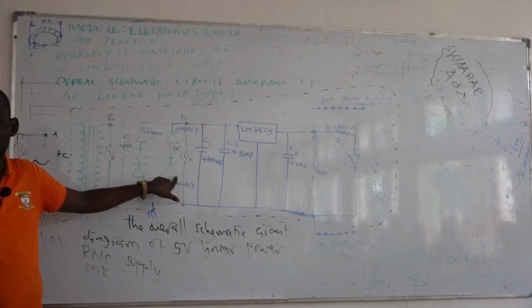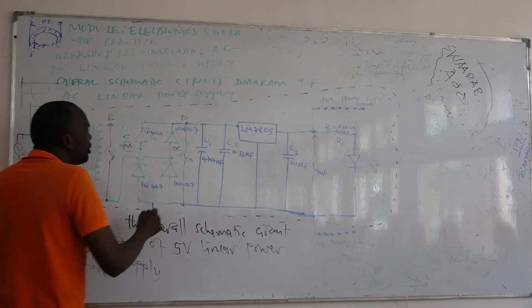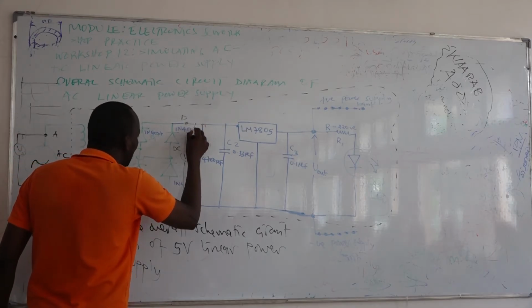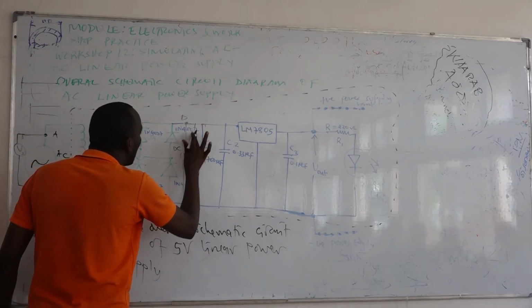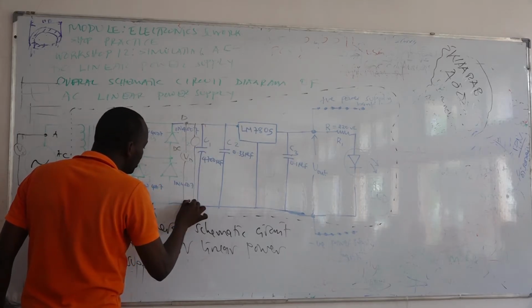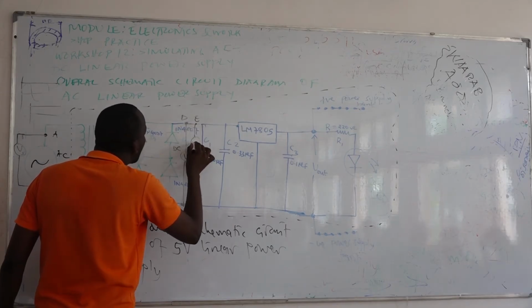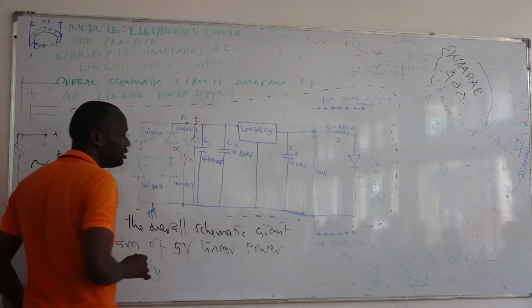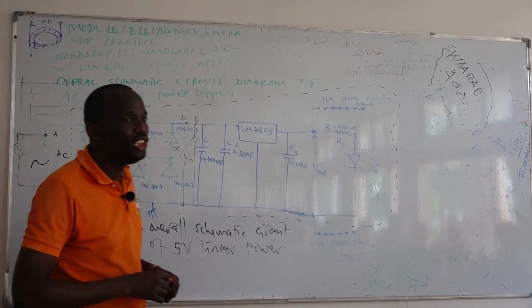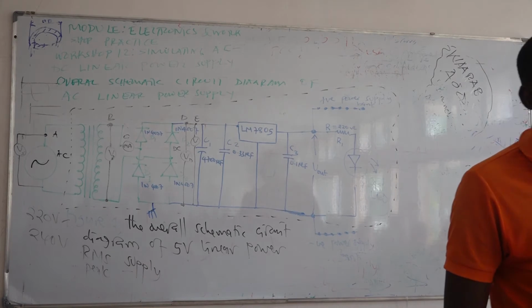into DC. Right? But remember that I told you, theoretically, we have been taught that a rectifier converts AC into DC. But I want to tell you that practically, a rectifier converts some percentage of AC into DC, but it fails to convert some of the percentage into DC.